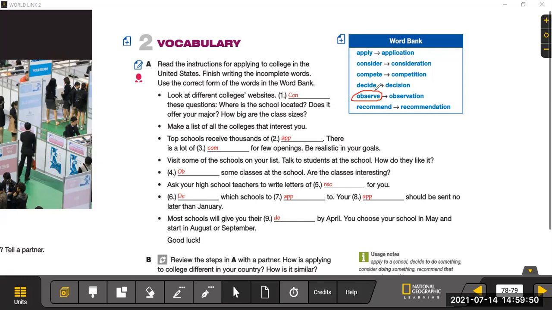You are paying attention to something, right? You observe. In our jobs, for example, me as a teacher, we have supervisors that observe the class. So they are evaluating my class. And observation is the noun.